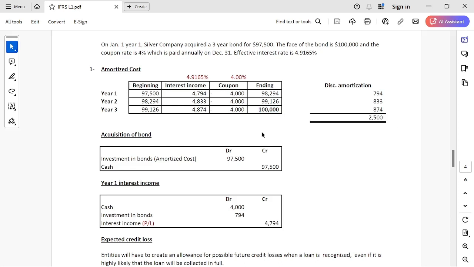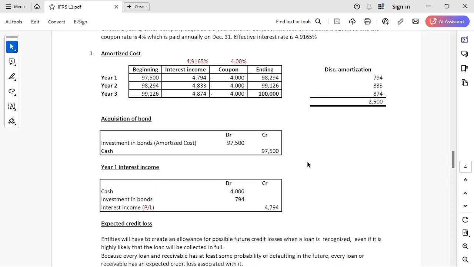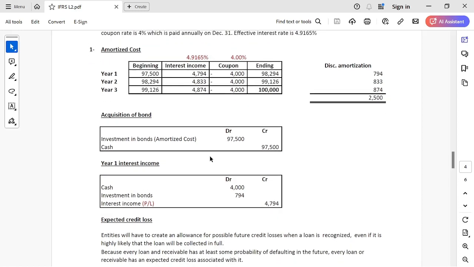So how do the double entries look? Again, it's pretty straightforward. If you just use the table, at acquisition we debit the investment, which we are designating here at amortized cost, and we'll see when we can do that, for 97,500, and we credit cash for 97,500. Interest payment, year one: we're going to receive cash, which never changed, of 4,000.